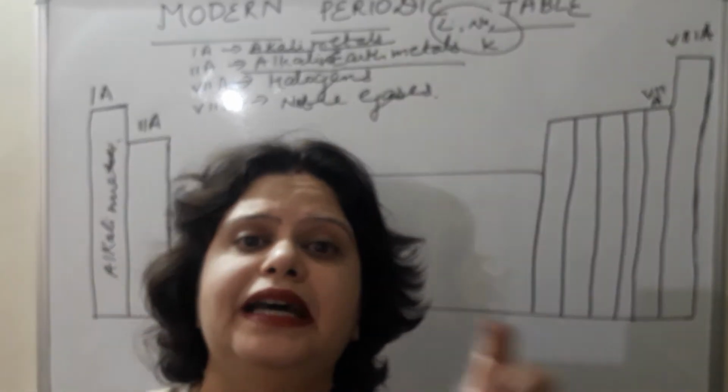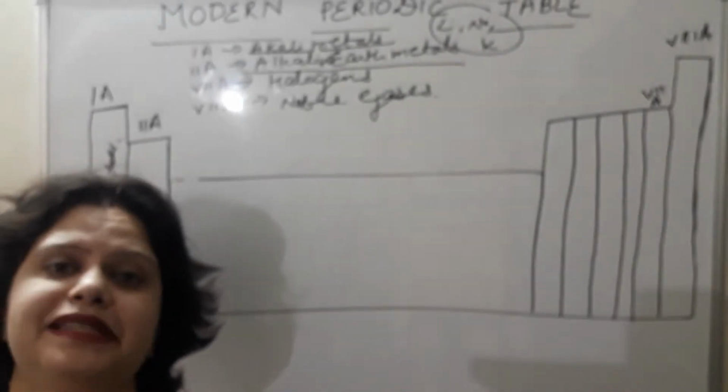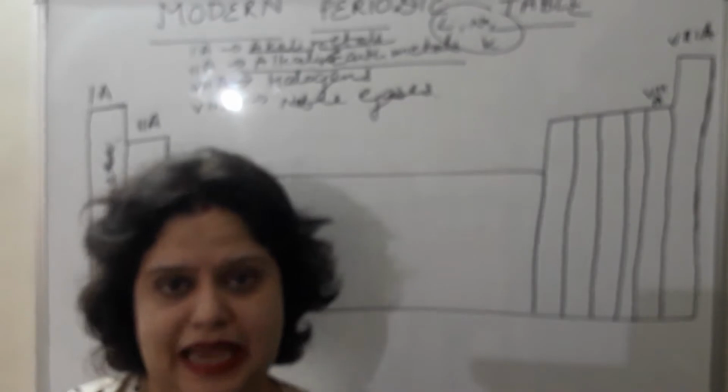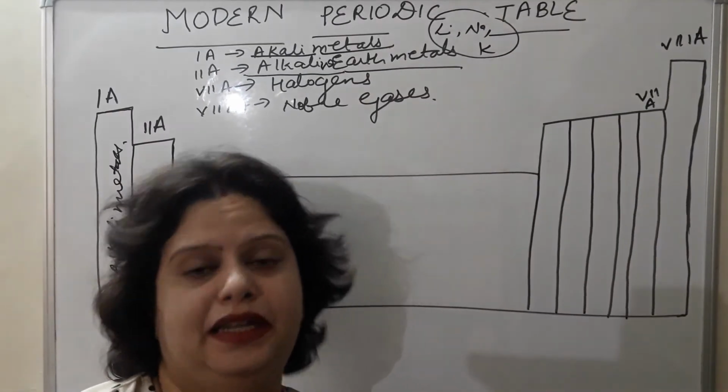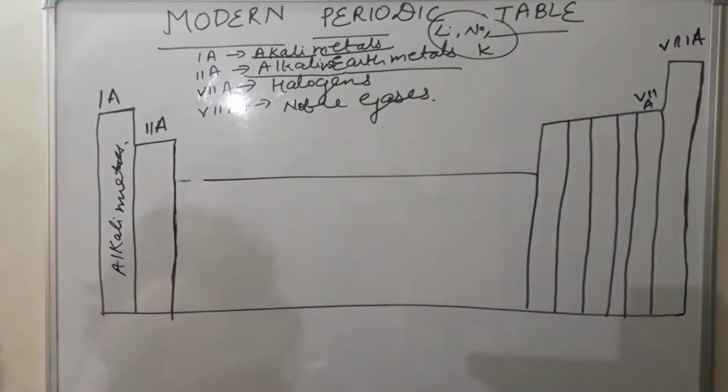Then why is the word earth used? The reason for using the word earth is that their oxides are found in the earth's crust, and these metallic oxides are stable to heat. That's why these elements are known as alkaline earth metals.